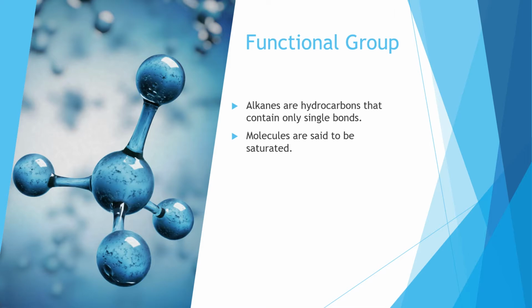Alkanes are hydrocarbons, and hydrocarbons consist of carbon and hydrogen. And they only contain single bonds. So in this picture here, you're seeing methane. This would represent the carbon atom, and it's bonded to 4 hydrogen atoms.